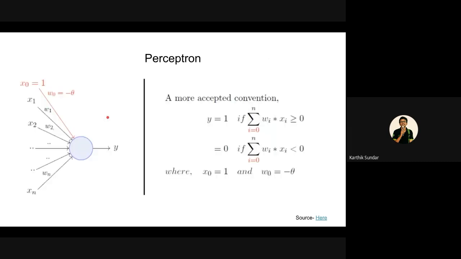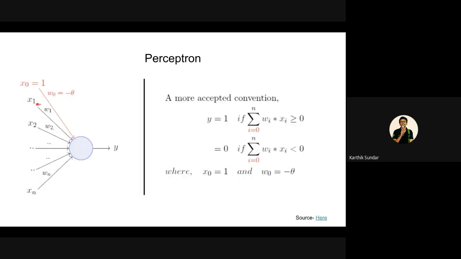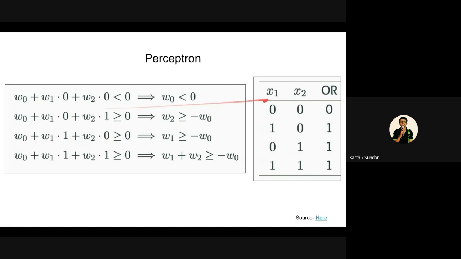So what does the perceptron model say? W0 into 1 is W0, and W1 into X1. For 4 different examples, we have written 4 equations: W0 plus W1 X1 plus W2 X2.